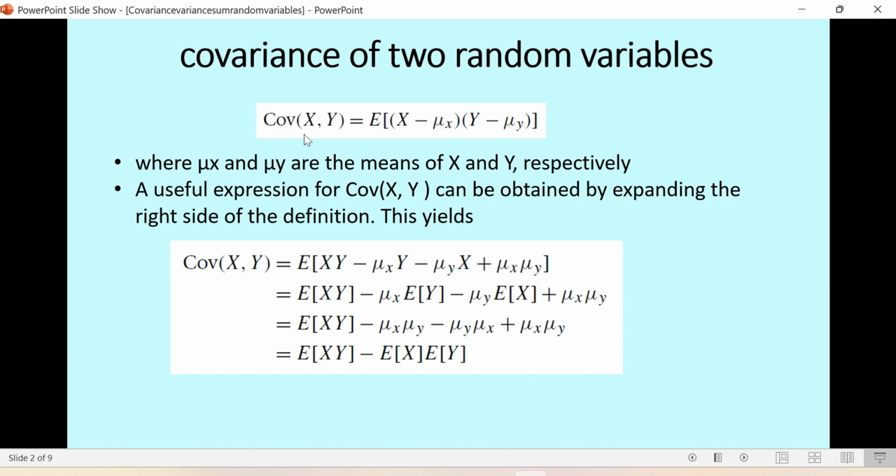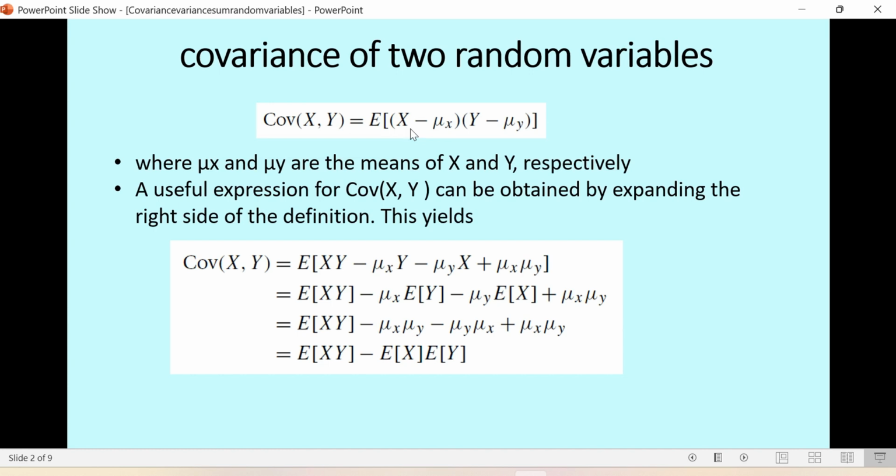The covariance between X and Y is the expectation of X minus the mean of X times Y minus the mean of Y. This expression is quite similar to the variance, because if X equals Y here, the covariance of X and X equals the variance of X.